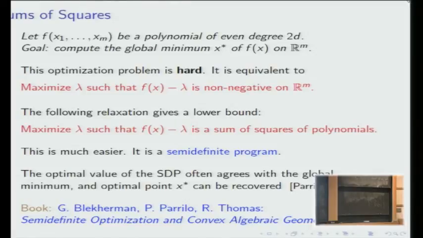But if you have a rank 1 matrix, it factors like this, and this is essentially your solution point x star. Again, there's a textbook that you can read on these things, the book by Blekherman, Parrilo, and Thomas, called Semidefinite Optimization and Convex Algebraic Geometry, and I will explain this approach in a very, very simple example on the next slide.